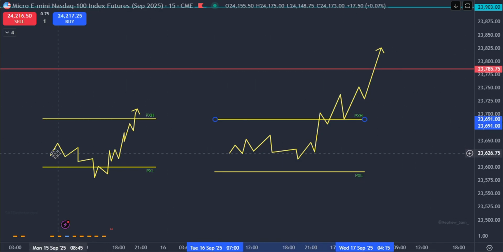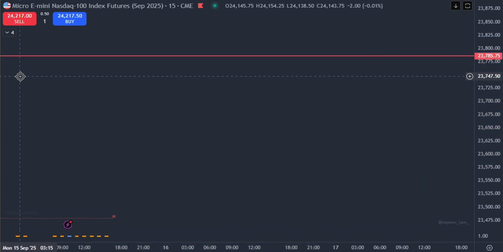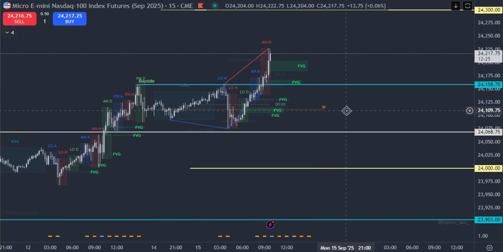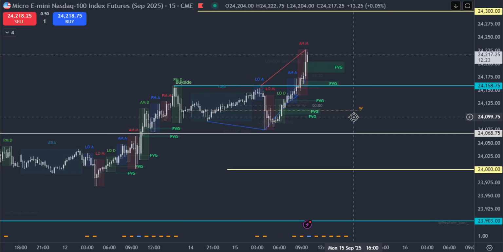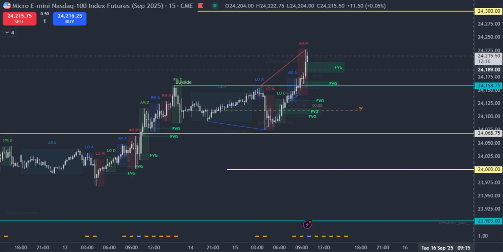I'm more comfortable taking the purge and revert. I like to look for a purge, and then if there's SMTs during a time of interest, then I will execute. So for here, this is a previous day.